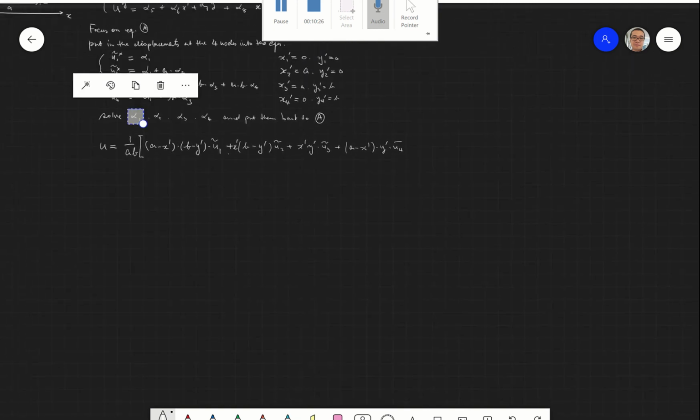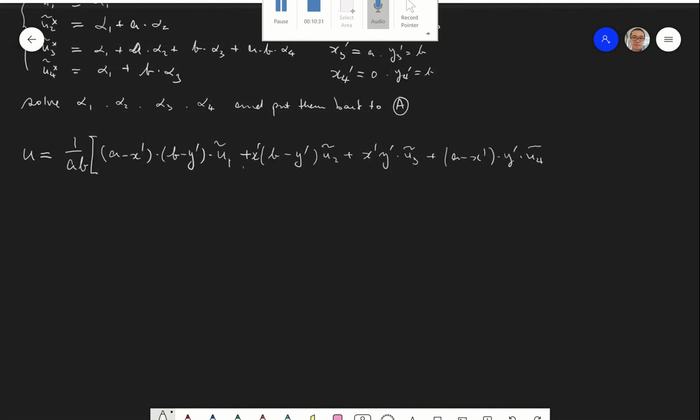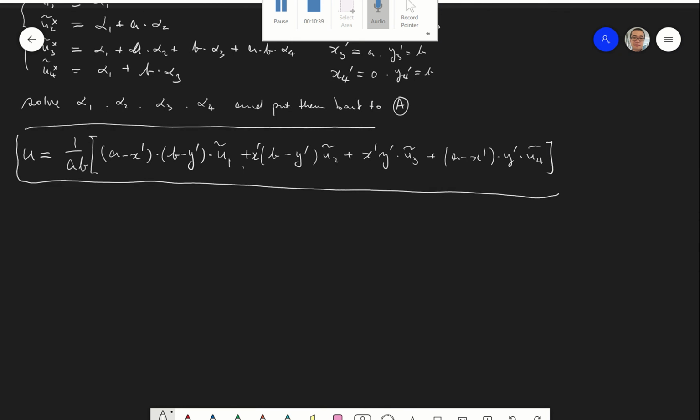So this is our interpolation function that allows us to work out the deformation of an arbitrary point inside a rectangular element with respect to the displacement at each one of the nodal points.